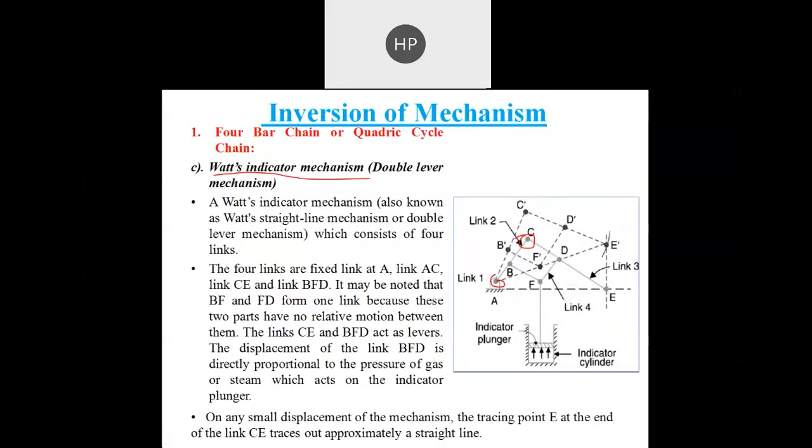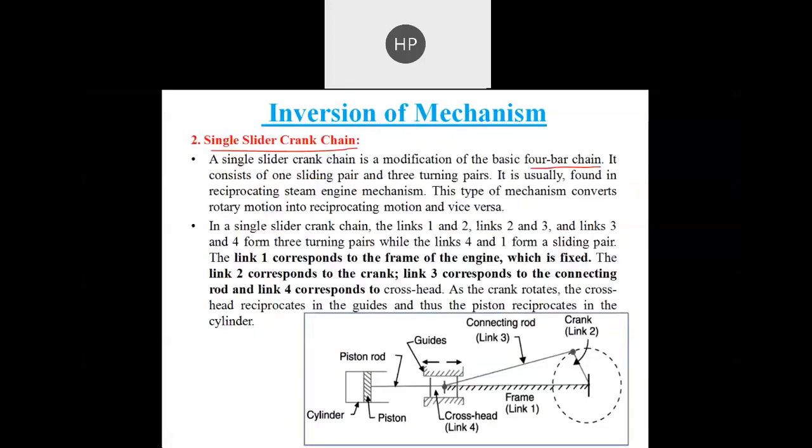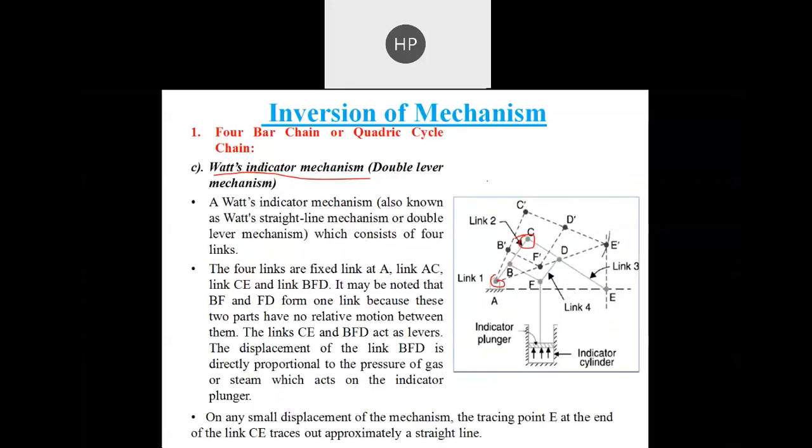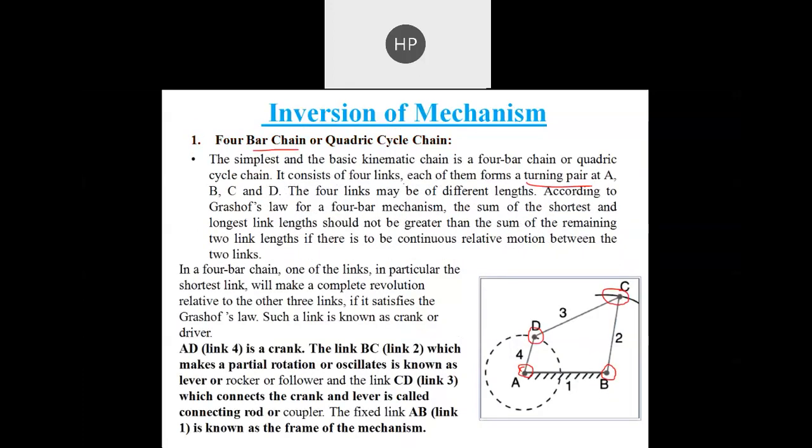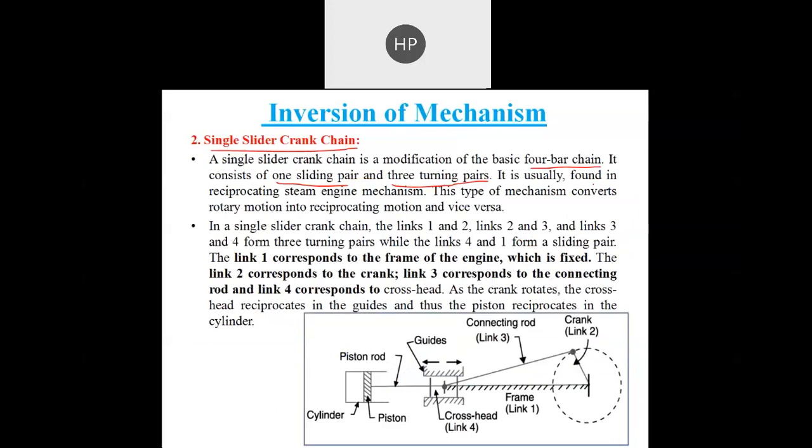In the 4-bar chain we have all turning pairs, while here it consists of one sliding pair and 3 turning pairs. This is the only difference.